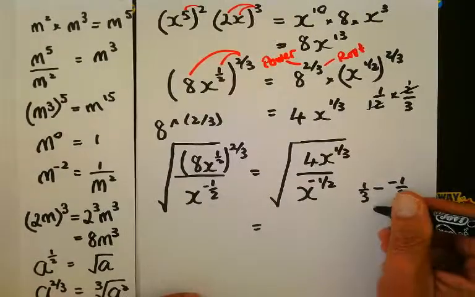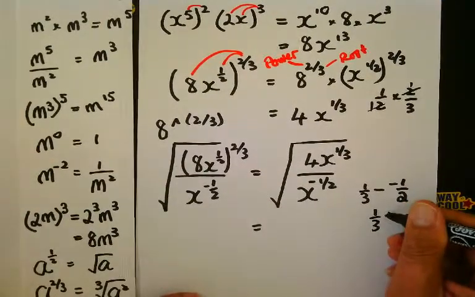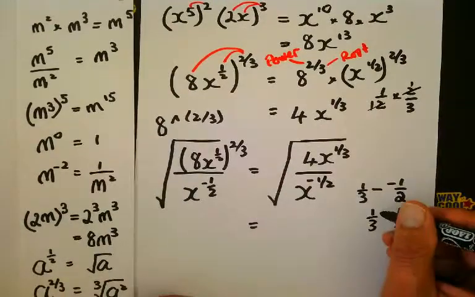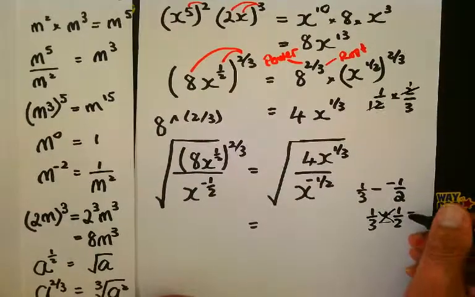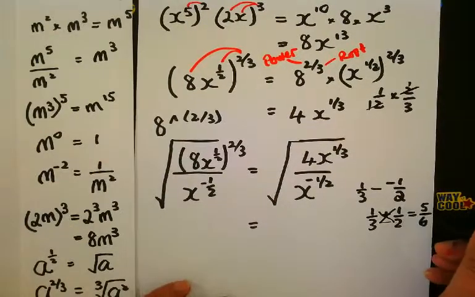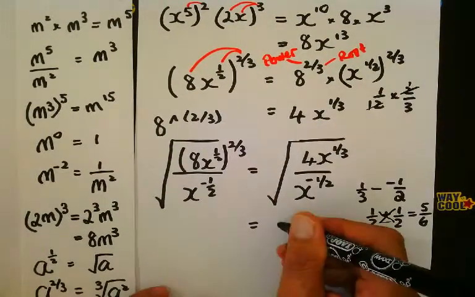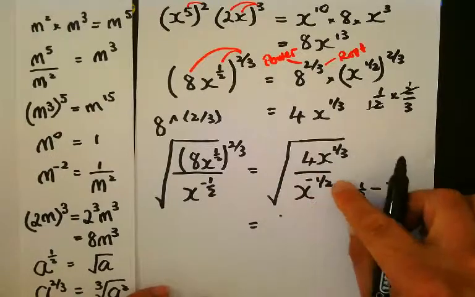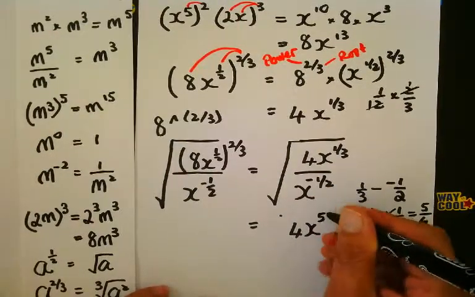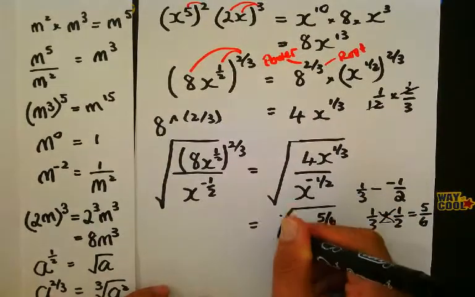So that would then become 1/3 plus 1/2. And we do that in our calculator, or in our head, or cross multiply, whatever process, and that comes out to be 5/6. So this would end up going that way. Clearing that all out, we end up with 4x to the power of 5/6 square rooted.